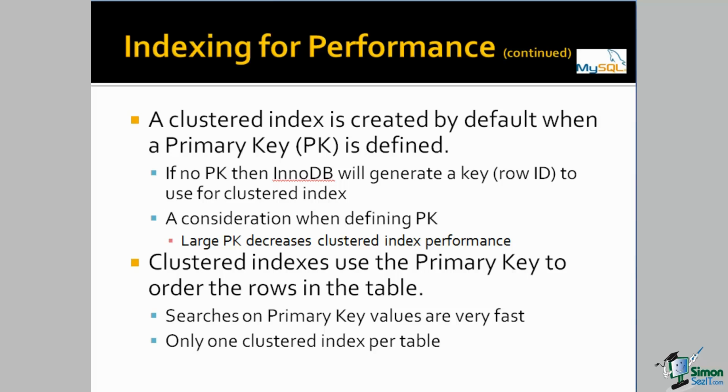In general, because the data is organized in the order of the value of the primary key, searches on the primary key can be very, very fast. Again, this is dependent on careful consideration of which values to use in defining the primary key.